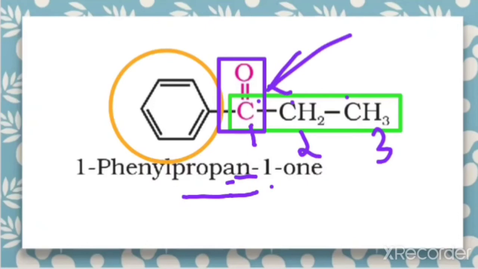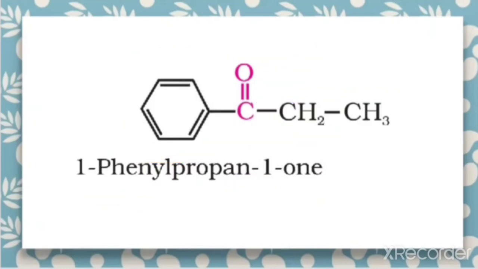And for this ketonic group, the suffix we are using is one. So, the name of this compound is 1-phenyl, because the substituent is a phenyl group on the first carbon. Therefore, it is named 1-phenylpropan-1-one. So, that is the name of this compound.